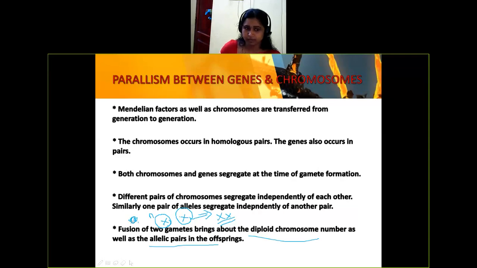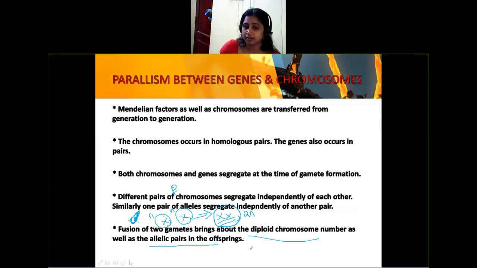if it is a male, one X, another one female. That is also haploid. The fused one in the zygote, if you see, will be diploid. That's what they are saying here, diploid chromosome as well as allelic pair in the offspring. Allelic pair, how do they pair up?